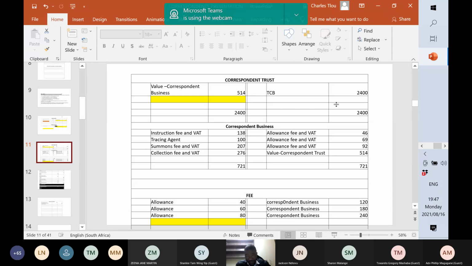You simply say here, the credit side is 2,400 rand, which is the bigger side. 2,400 minus 514. How much is the balance? 1486.